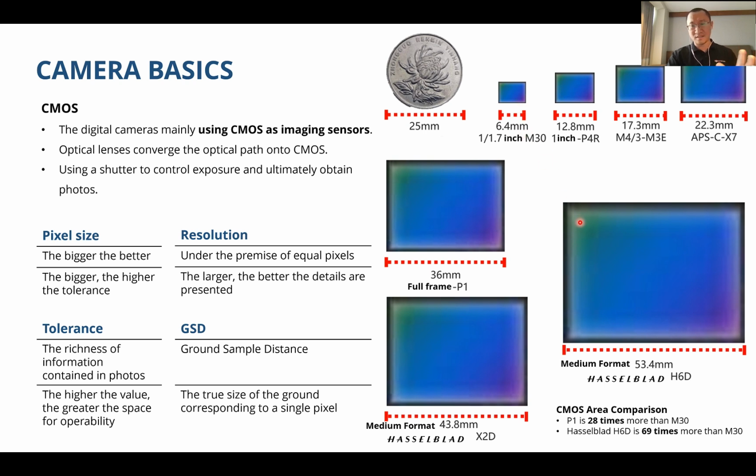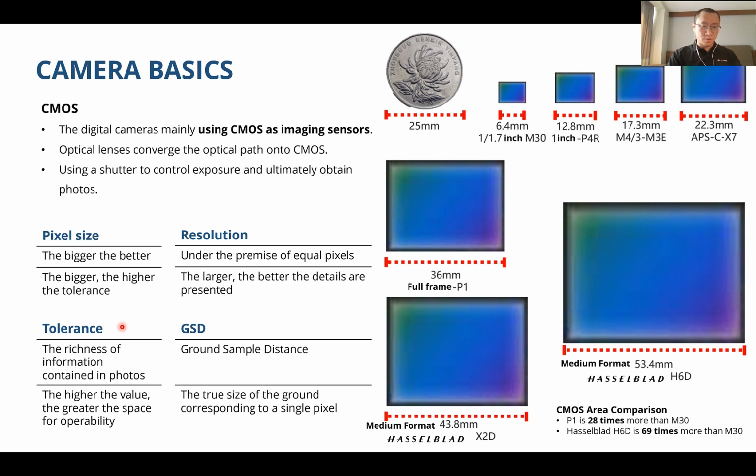So the CMOS size is very important. The larger, the better. There are also other parameters that depend on the CMOS quality. There is pixel size; of course, the bigger the better. The bigger the pixel size, the higher the tolerance. As for the resolution, under the premise of equal pixels, the larger the resolution, the better the details are presented.